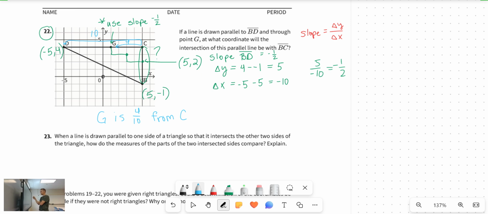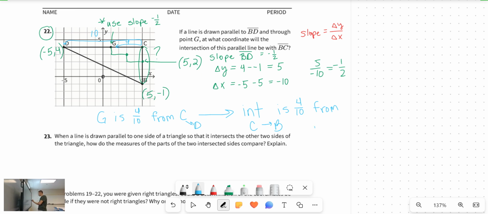Which means that whatever our intersection is, we know that our intersection should be 4/10 of the way from C to B. So if G is 4/10 of the way from C to D, which is the top horizontal line, then the intersection should be 4/10 of the way from C to B, which is this vertical. So 4/10 of the way from C to B.